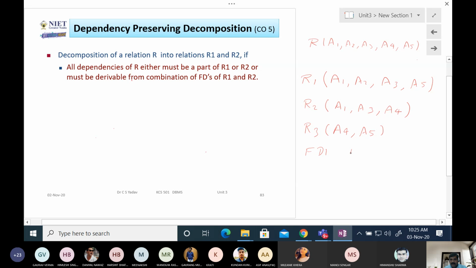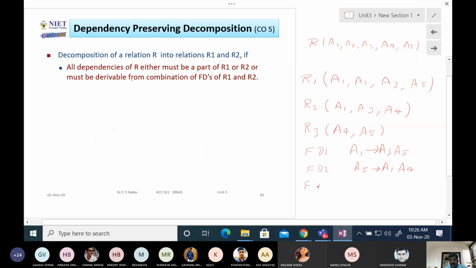Functional dependency FD1 is A1 determines A3, A5. Functional dependency 2: A5 determines A1, A4.